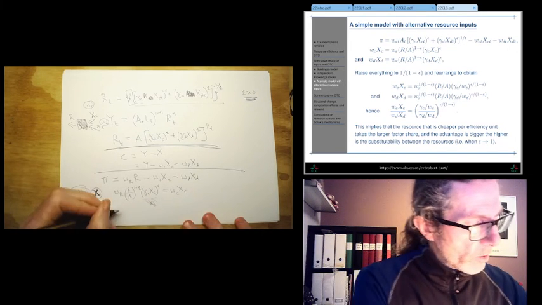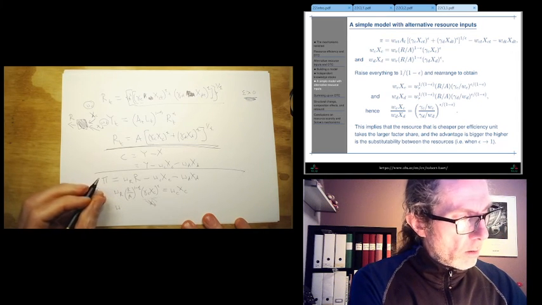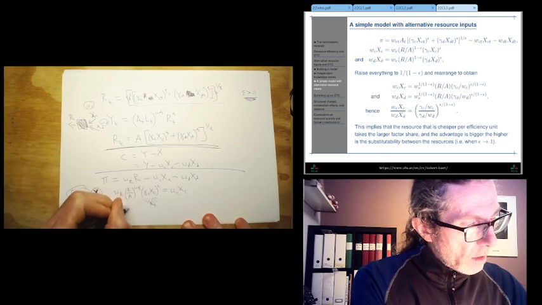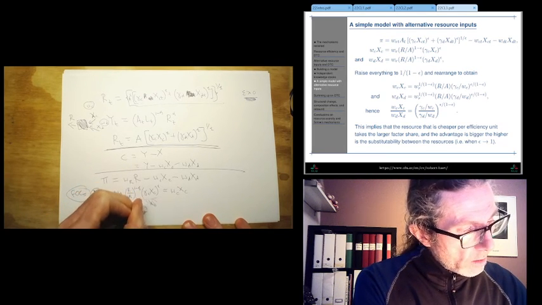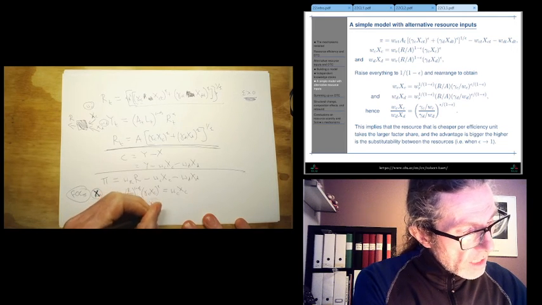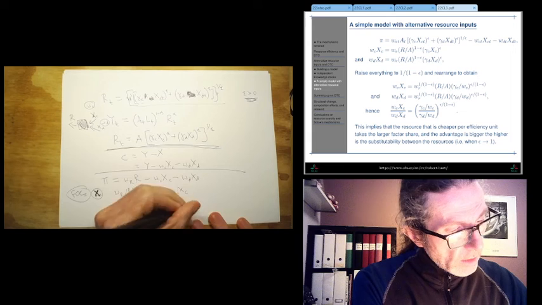And by symmetry, we have WR, R over A to the 1 minus epsilon, gamma D xd to the epsilon is wd xd.